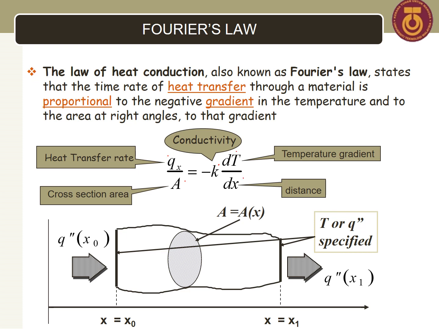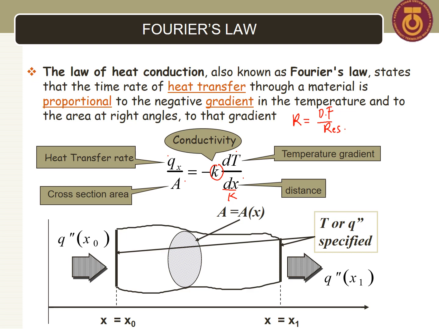If you still remember, if you want to put Fourier's law in the form of rate equals driving force divided by resistance, then the k will be here. I believe you still remember.